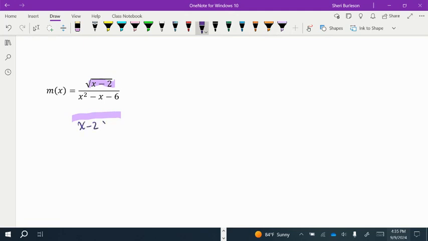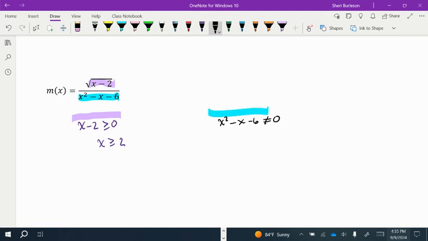We know x minus 2 has to be positive or 0. So when I solve this, I know x has to be greater than or equal to 2. The other part of this is that my denominator, x squared minus x minus 6, cannot equal 0. I cannot divide by 0.